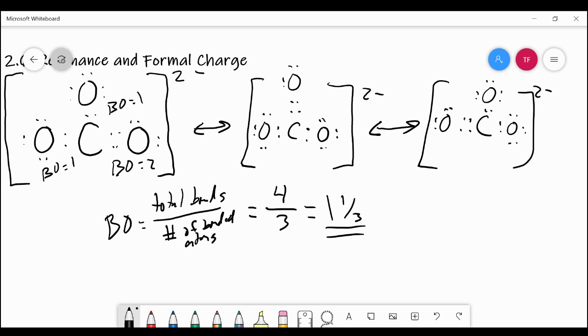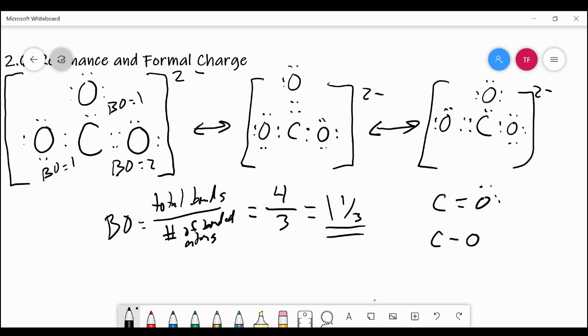So experimentally, how do we know that this is the case? Well, when we look at double bonds between carbon and oxygen that are purely double bonds, they take more energy to break the bond between carbon and oxygen than it does to take the carbon and oxygen apart in carbonate. But if we have a carbon-oxygen single bond between 2 atoms, that single bond takes less energy to break than the carbon-oxygen bond in carbonate.